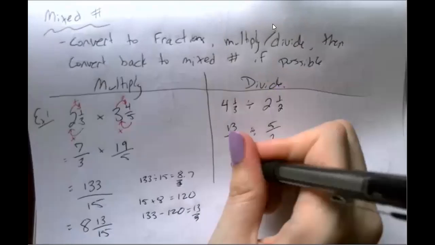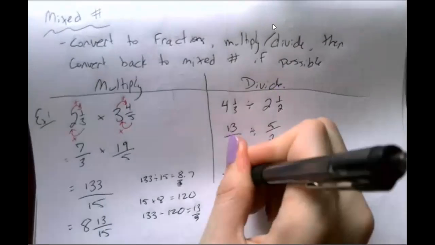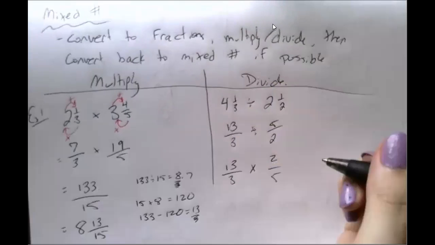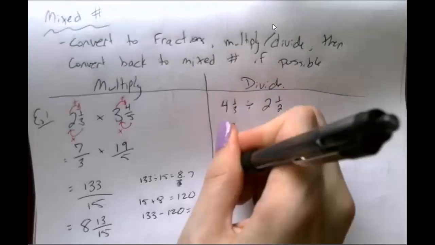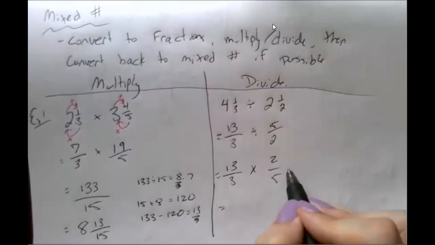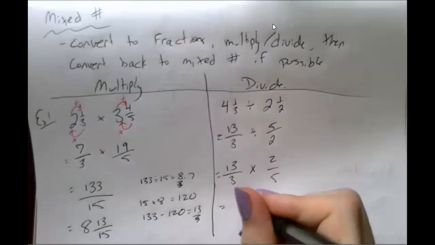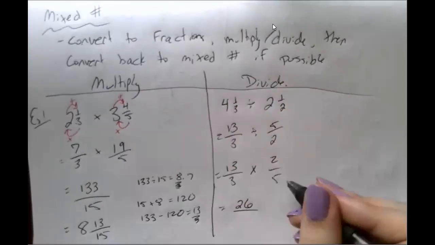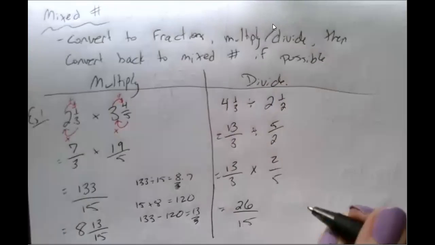Then we do keep, change, flip. Then we multiply straight across the top. So 13 times 2 is 26. And 3 times 5 is 15.